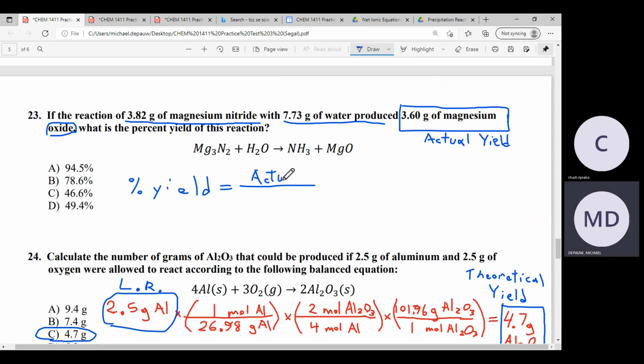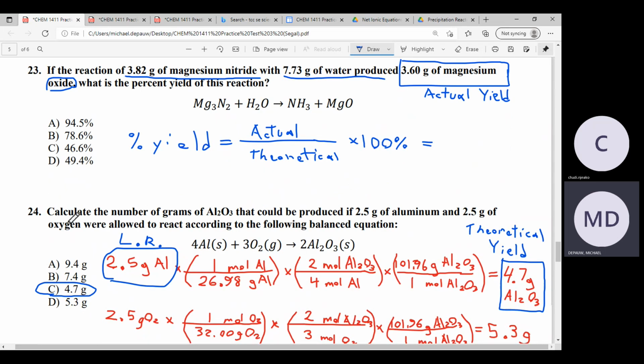Actual over theoretical times 100%. Now the actual, of course, is going to be 3.60. Your theoretical is going to be whatever you calculated from your limiting reagent calculation.